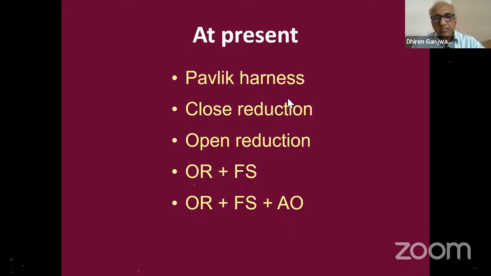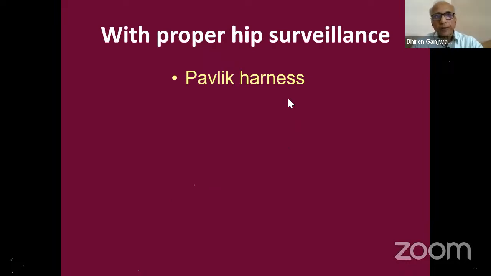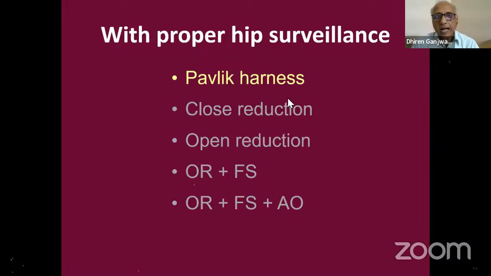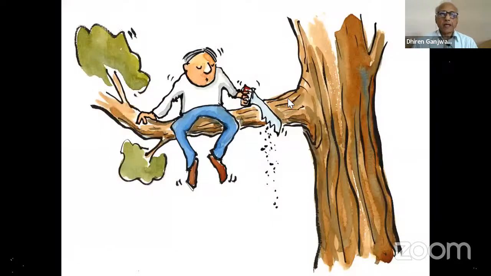We want to change this situation, and we expect that with proper hip surveillance, like what the Japanese achieved, most of the patients will be managed with a Pavlik harness. A small number of cases will require treatment like closed reduction or surgical treatment. That is what we expect from proper hip surveillance.